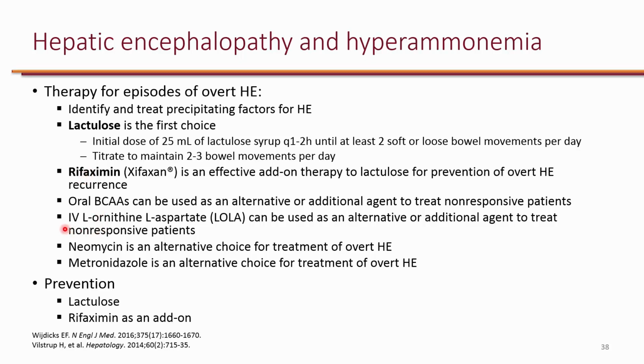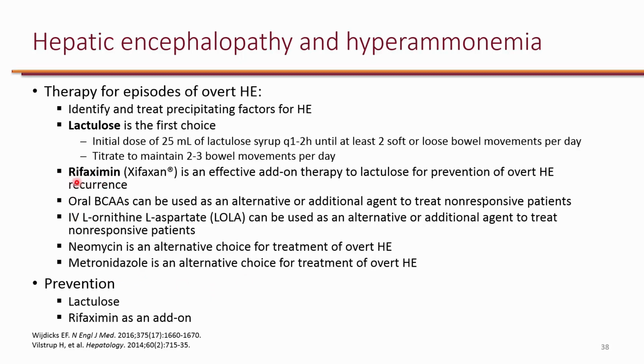We also have limited data for IV LOLA, or ornithine L-aspartate. It can be used as an alternative or additional agent, just like branched-chain amino acids. Neomycin is an alternative choice for treatment of overt hepatic encephalopathy, and lastly, metronidazole is an alternative choice.